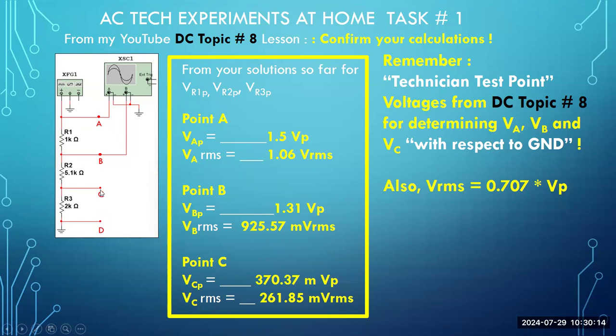So the red probe at C, black probe at ground is the same as the red probe up here above R3 and the black probe below R3. They're going to be the same value. So in peak format, that'll be 370.37 millivolt peak. Your RMS, simply multiply the 370.37 millivolt peak times what?